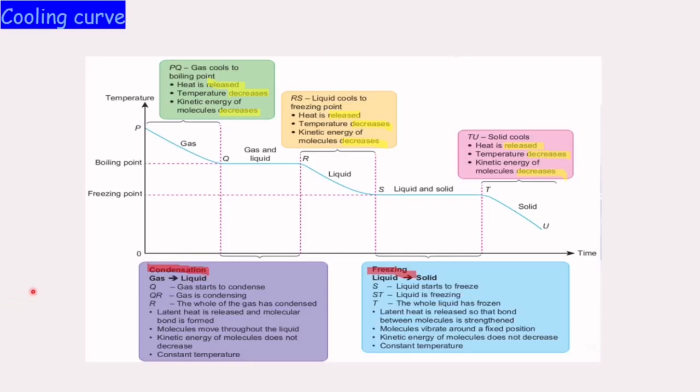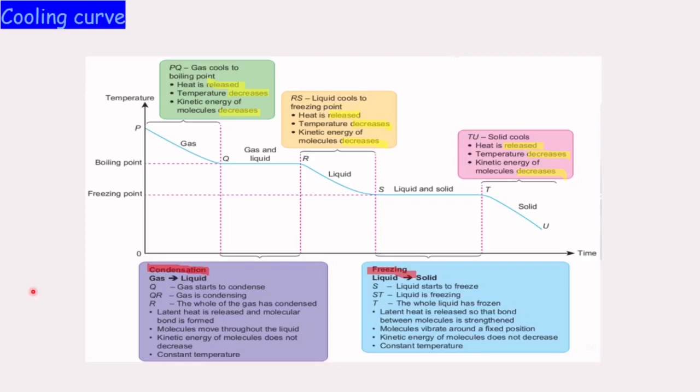During heating, when we want to melt a system or boil a system, we need to break the bond, right? Now in the cooling curve, we want to make the gas become solid. We want to make molecules that are far apart from one another packed closely together.